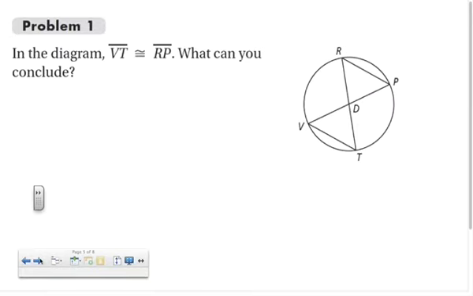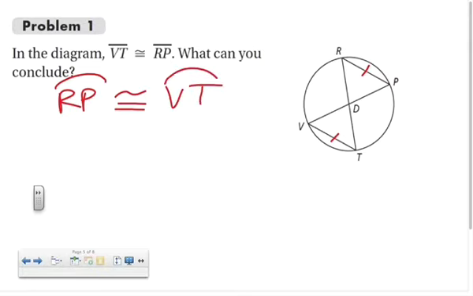Okay, so in problem 1, notice what we're given: segment VT is congruent to segment RP. Those are chords. And if chords in a circle are congruent, then I know their related central angles are congruent, and I know their related arcs are congruent. So just based on those two segments being congruent, I know that arc RP will be congruent to arc VT.